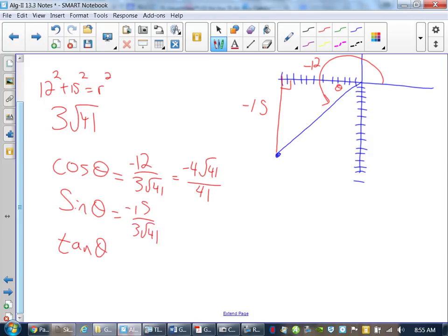So you get negative 5 root 41 over 41. And then the tangent's just going to be negative 15 over negative 12, opposite over adjacent. And that's a positive 5/4.